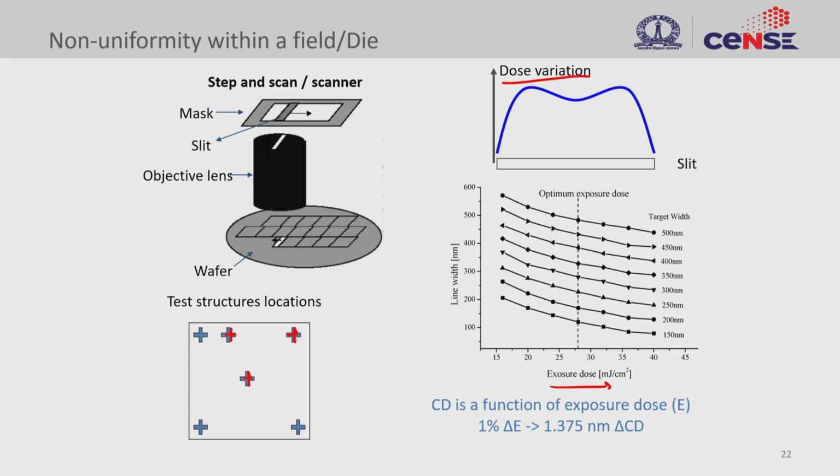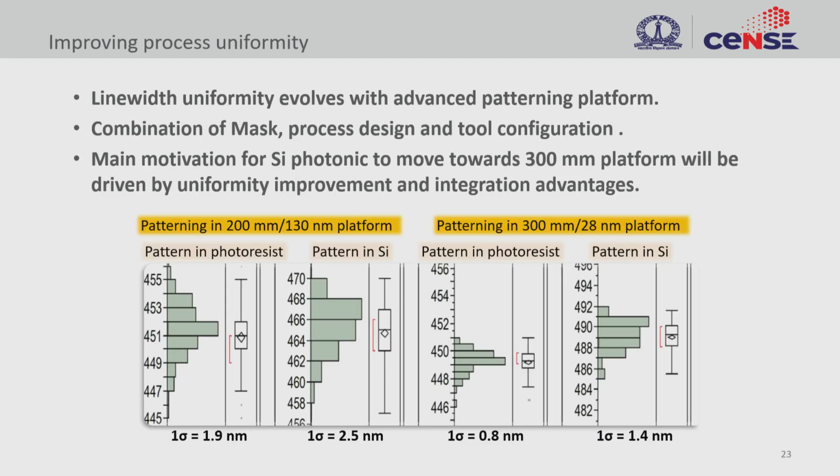So the placement of the device is also very important. So make sure that you are aware of the placement related non-uniformity while you are taking into account the global uniformity of your circuitry. And this also helps when you go to a different type of patterning platform.